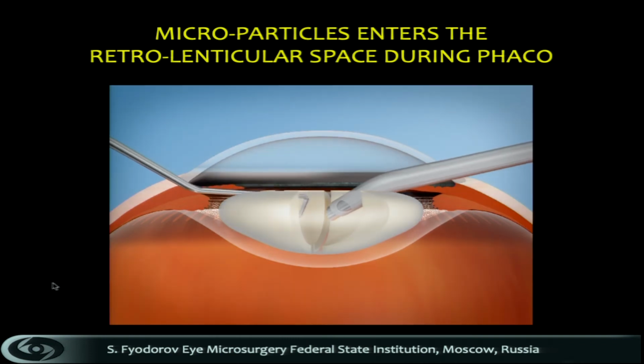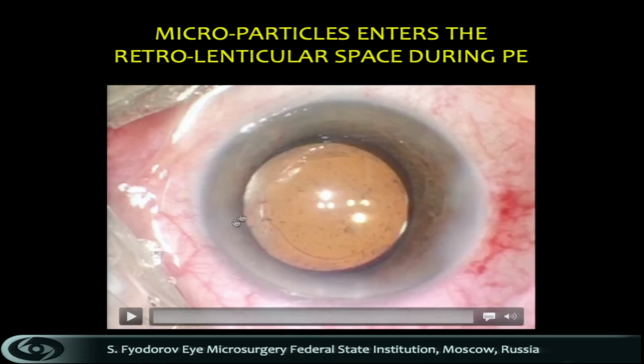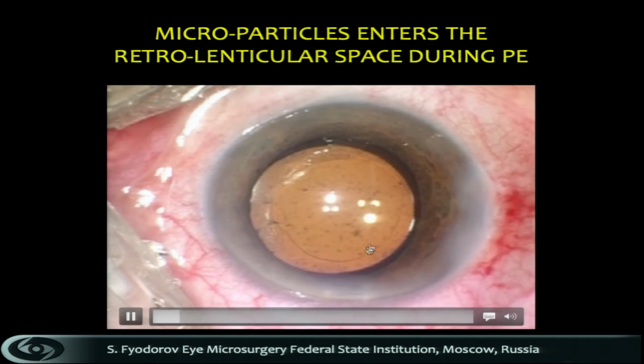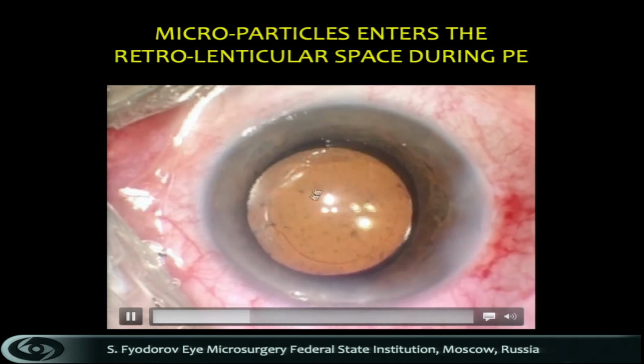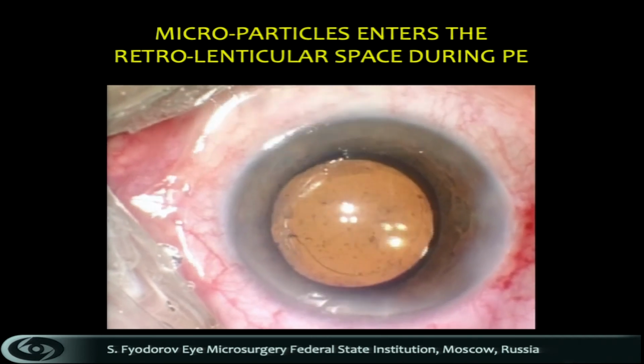And again, when we are fragmenting the lens, these lens particles are going through the zonules and accumulate in the area in front of the anterior hyaloid membrane. Again, you see these particles here, as shown on that video, fragments.